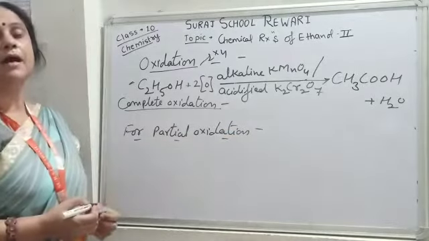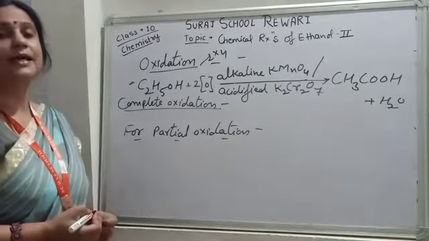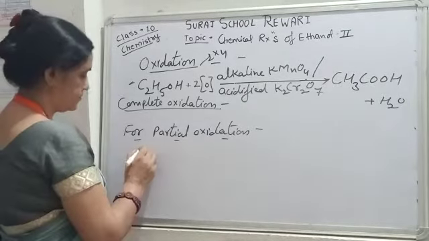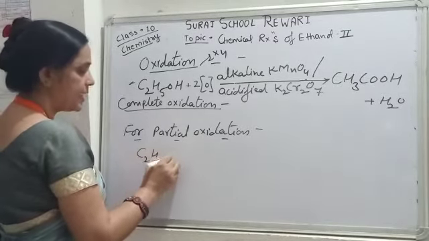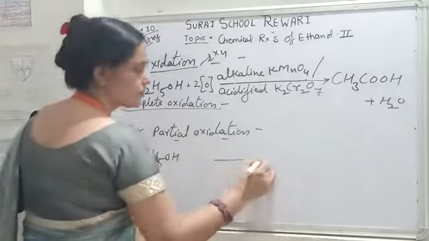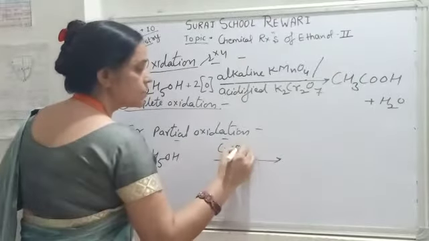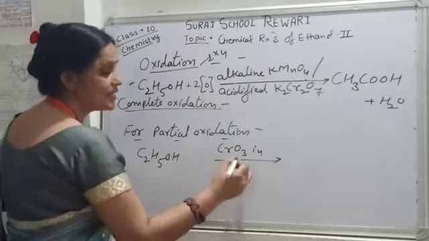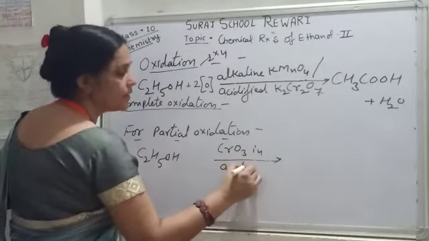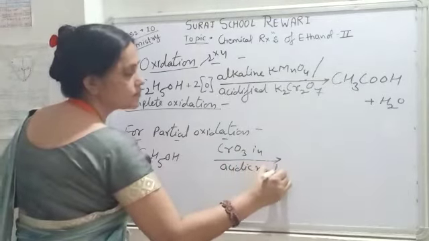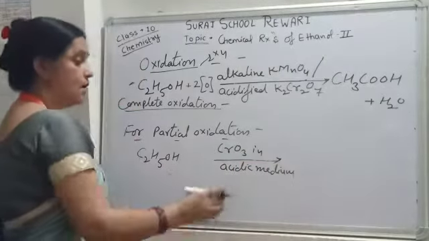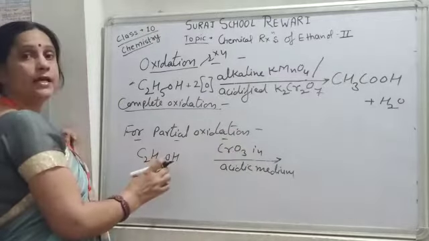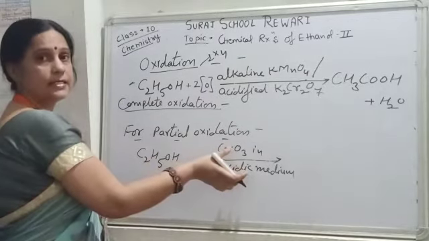for the partial oxidation, we use a mild oxidizing agent, that is chromium oxide in acidic medium. Ethyl alcohol, chromium oxide in glacial acetic acid or in acidic medium. When we use chromium oxide in acidic medium with ethyl alcohol, it is the mild oxidizing agent.